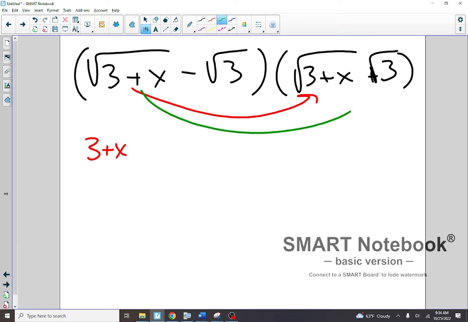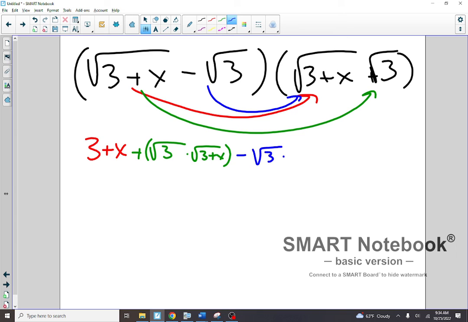Now I'll do this one over here. They're not the same thing, so I'll put them right next to each other for now. Square root of 3 times square root of 3 plus x. Then I'll do this one, which is minus square root of 3 times square root of 3 plus x.